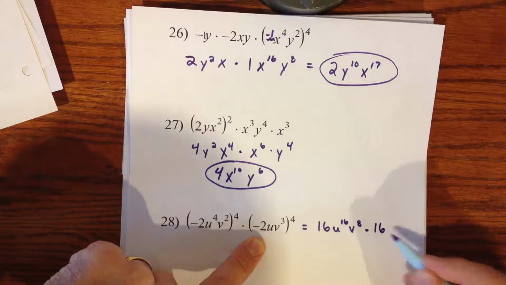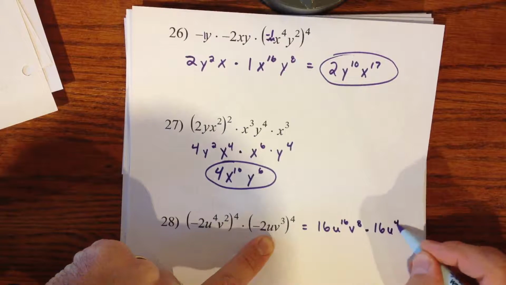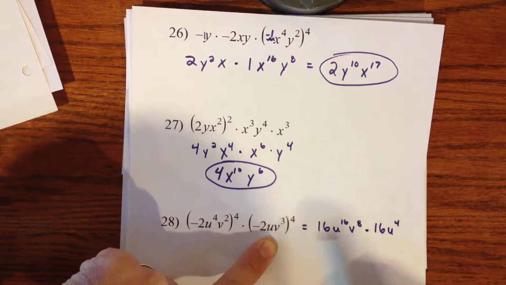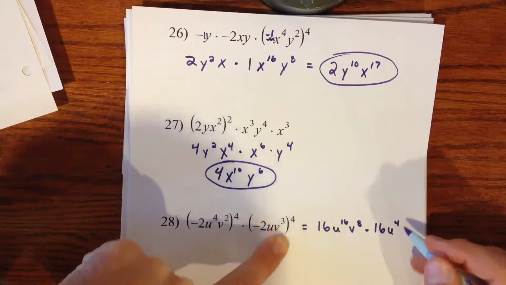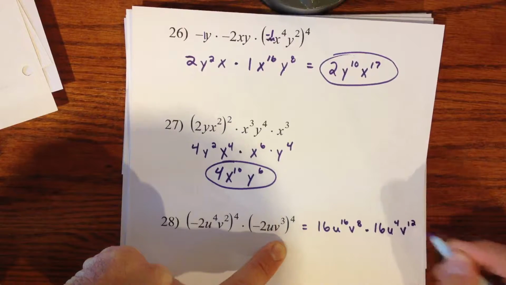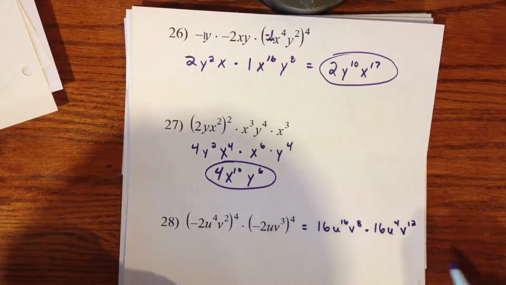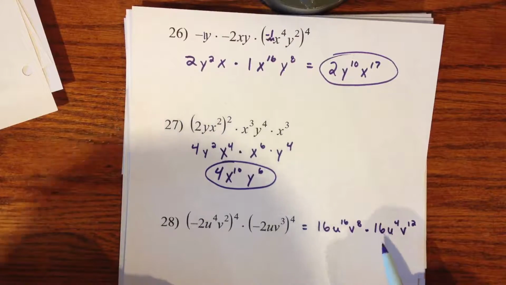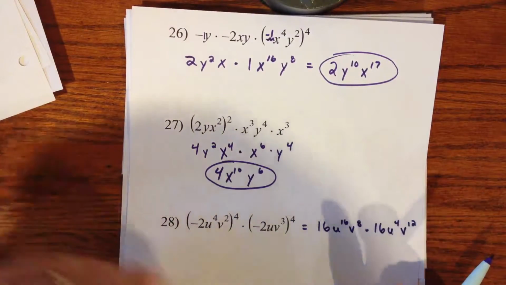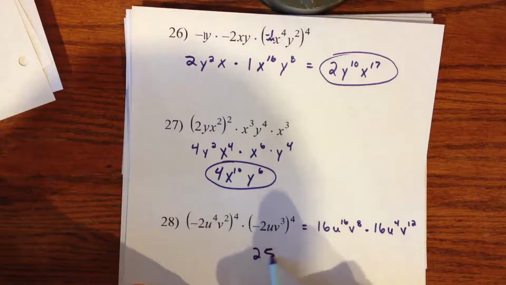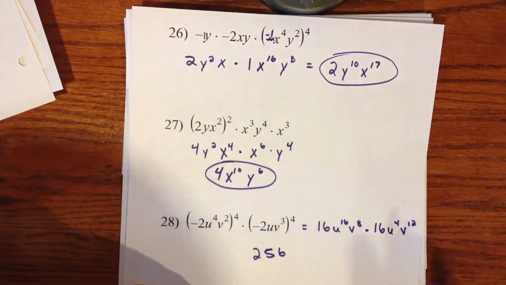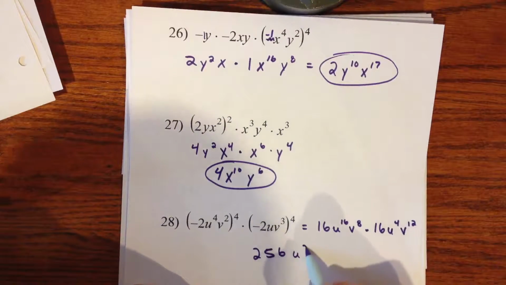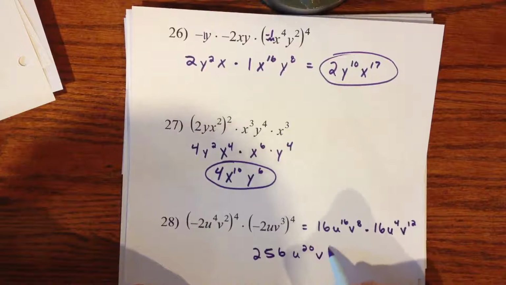Same thing, this is going to be 16 u to the 4th, and then v cubed to the 4th is v to the 12th. 16 times 16 is 256. See that? 256. Looks like I have 20 u's and 20 v's.